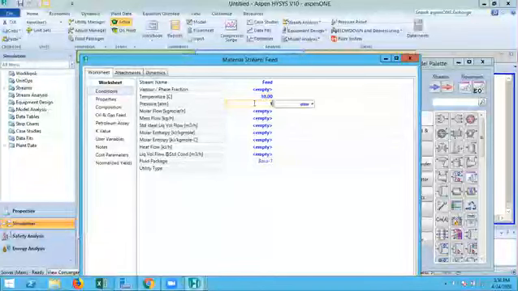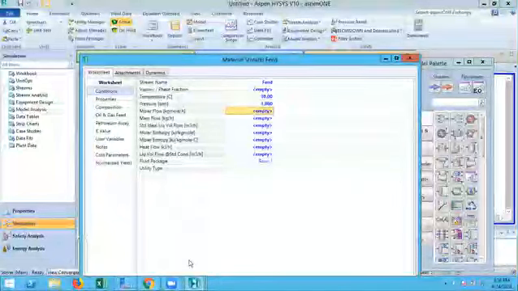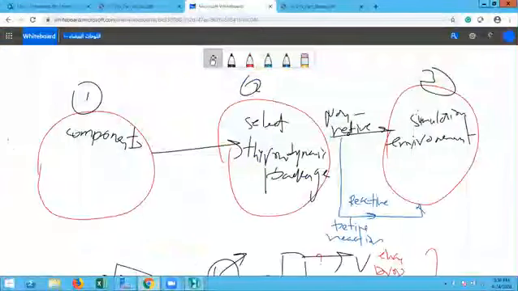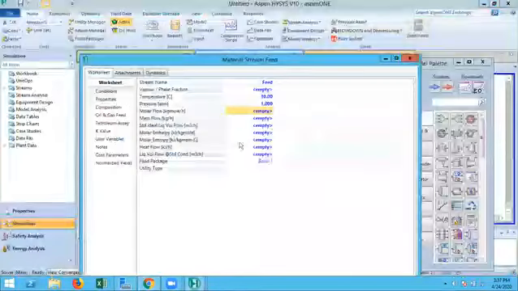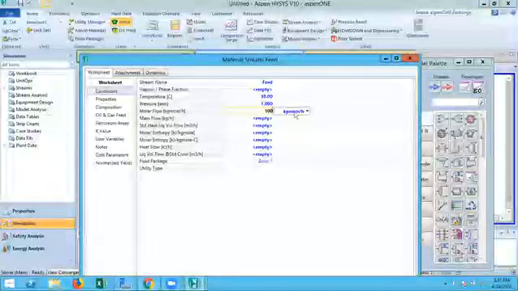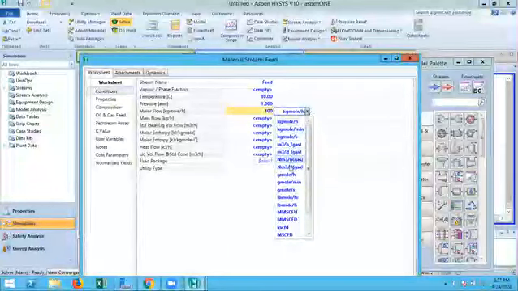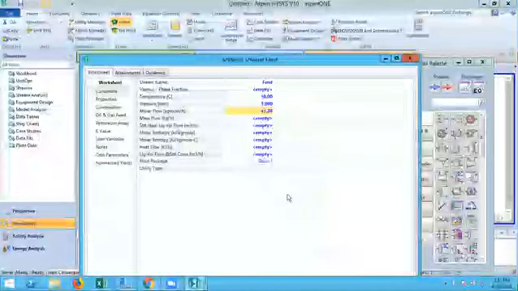The pressure of the stream is 1 atmosphere, as given in the problem. So the temperature is 50, the pressure is 1, and the flow is 100 pound mole per hour. So the molar flow is 100 pound mole per hour, and I can select the unit here.